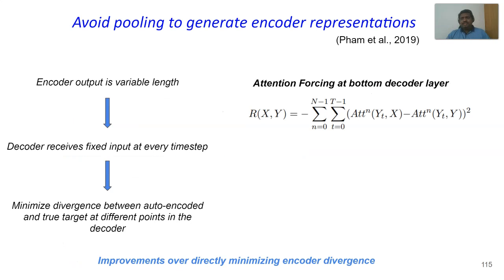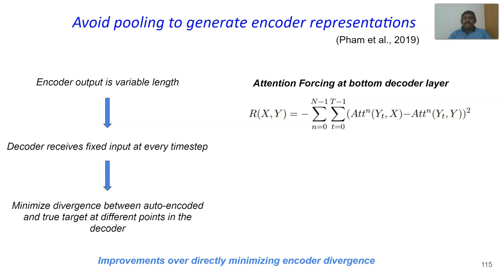Now, one observation here is that the encoder representation that is generated in order to minimize the distance is an approximation, because we are doing some sort of pooling.